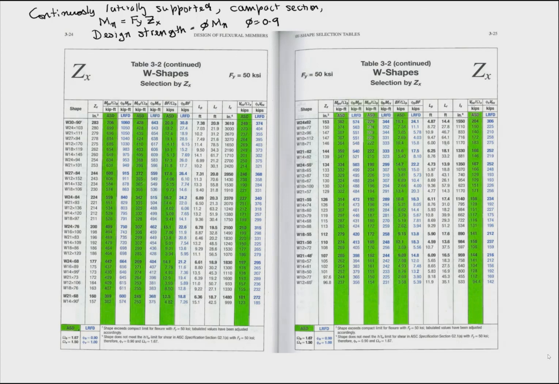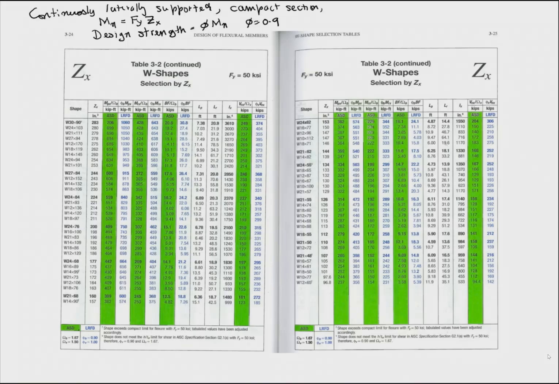Now this information is cataloged in some convenient tables in the AISC manual for certain sections, including W shapes for material strength 50 ksi. So the sections are arranged in decreasing order of strength, or decreasing order of the plastic section modulus, which also means decreasing order of strength.